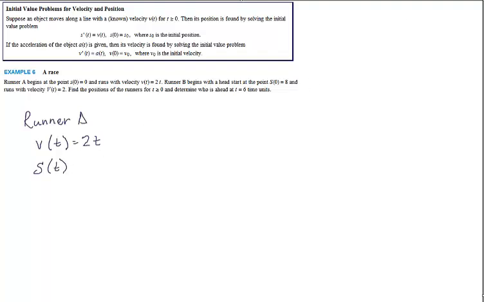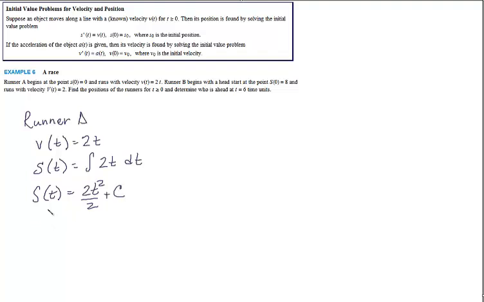So I'm going to take the integral of this v of t, which is 2t with respect to t, and I'll get that runner A has a position of 2t squared over 2 plus some constant.